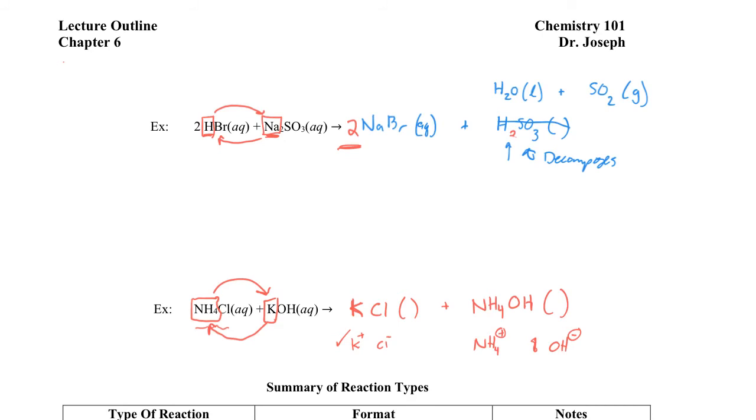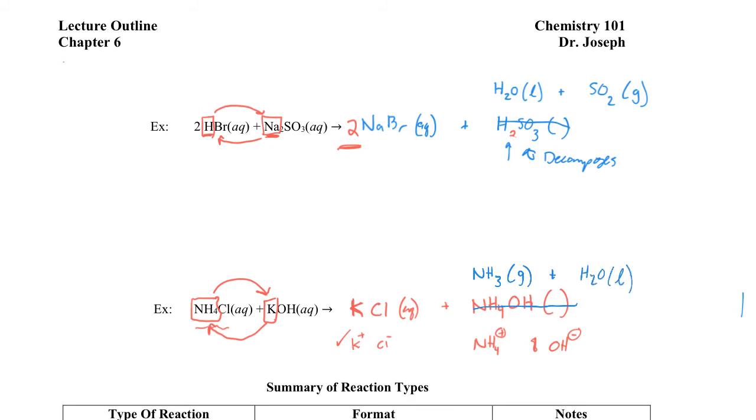So that's good. But you might notice, while this is aqueous, that ammonium hydroxide over here is one of our things that decomposes to a gas. So I'm going to cross this out, put a line through it, and replace it with what it actually turns into, which is NH3, which is a gas, and water, which is a liquid.